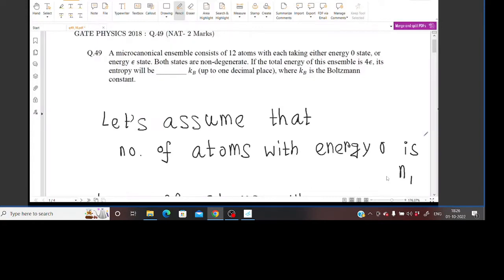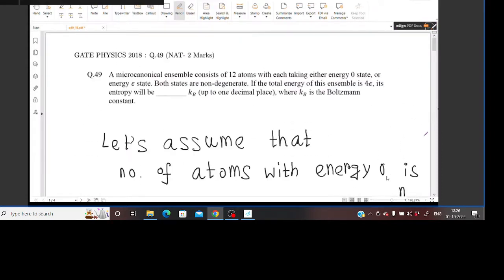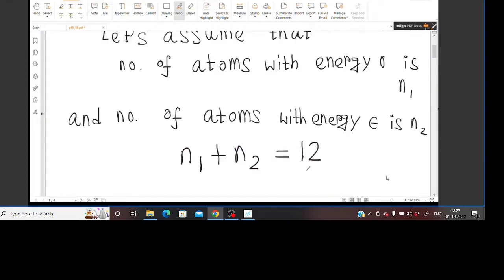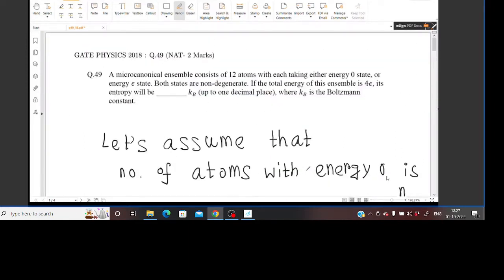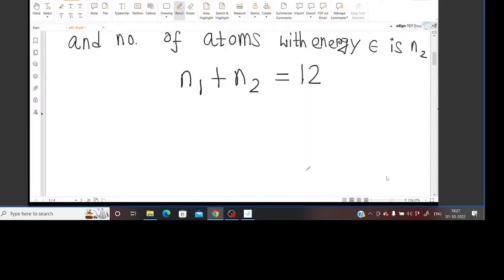Let's assume that the number of atoms with energy 0 is n1 and the number of atoms with energy epsilon is n2. We have total 12 atoms. So n1 plus n2 equal to 12, and the total energy of the ensemble is 4 epsilon.